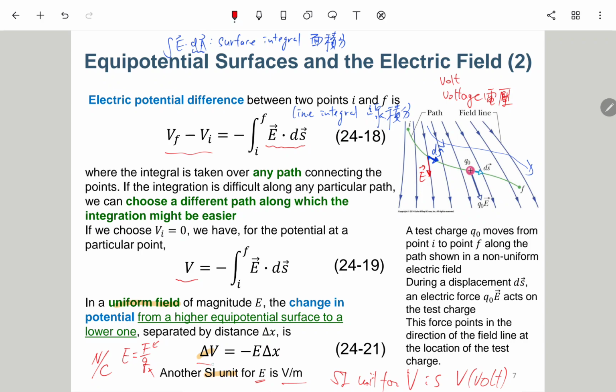And here, this is V. This is also the E field, and then this is meter. Delta X is a length, so the SI unit is meter. So from this equation, we can know that another SI unit for the E field is V over M. So both SI units are considered to be correct. Okay, so we can use either one.